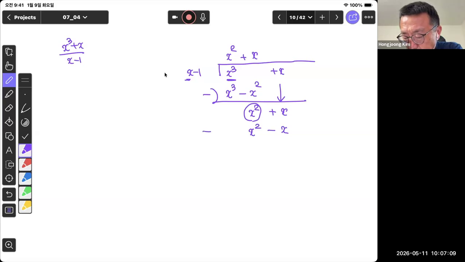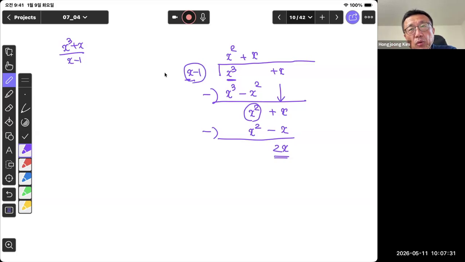If I subtract this from the expression above, then x squared will be erased, and then you get 2x. The degree of this remainder term, 2x, is 1, and the degree of the denominator is also 1, so they have the same degrees, right?